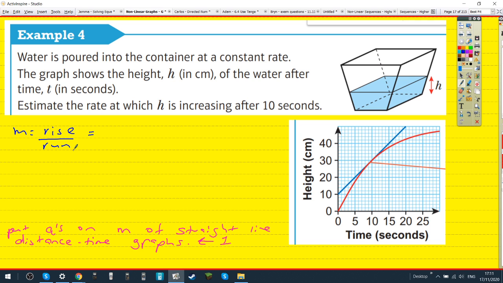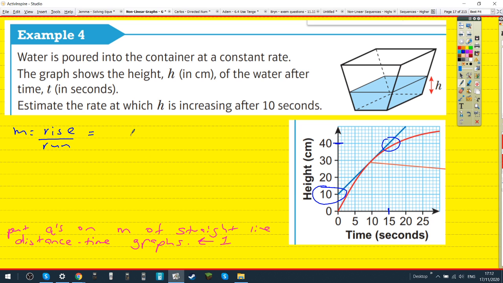Let's say 4 and 4. We could choose from here to here. So how much did it rise by?